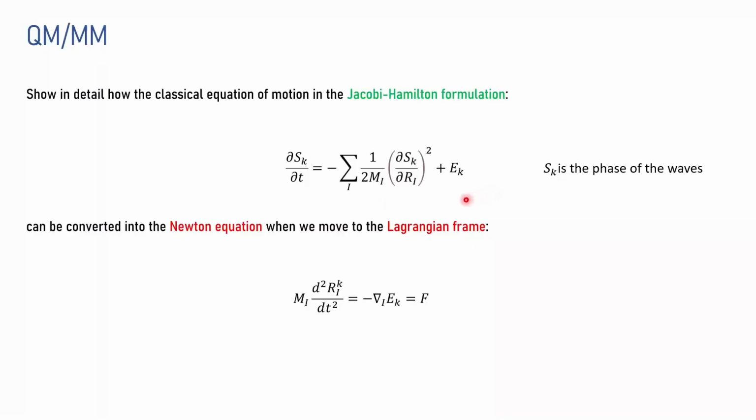Ek is the sum of all the electronic potential we have. It looks like we should have a sum here, but it's not shown. It depends on the notation we take.